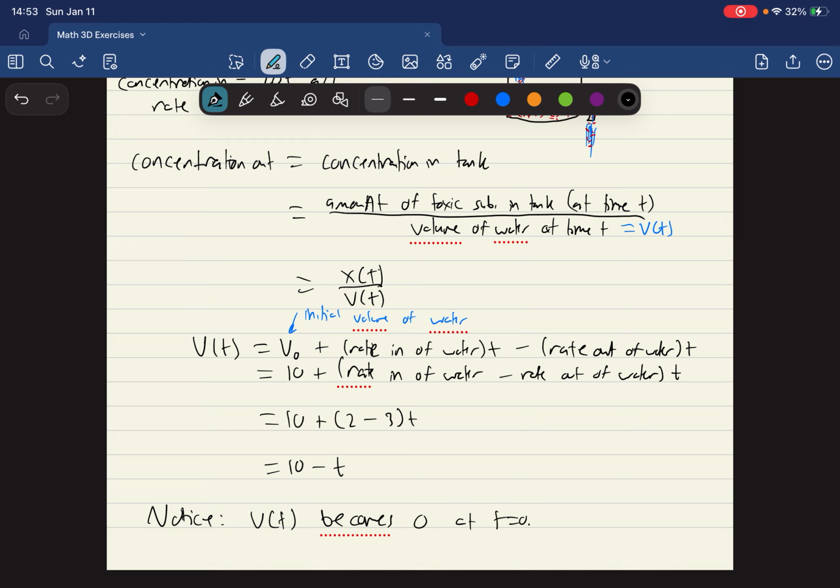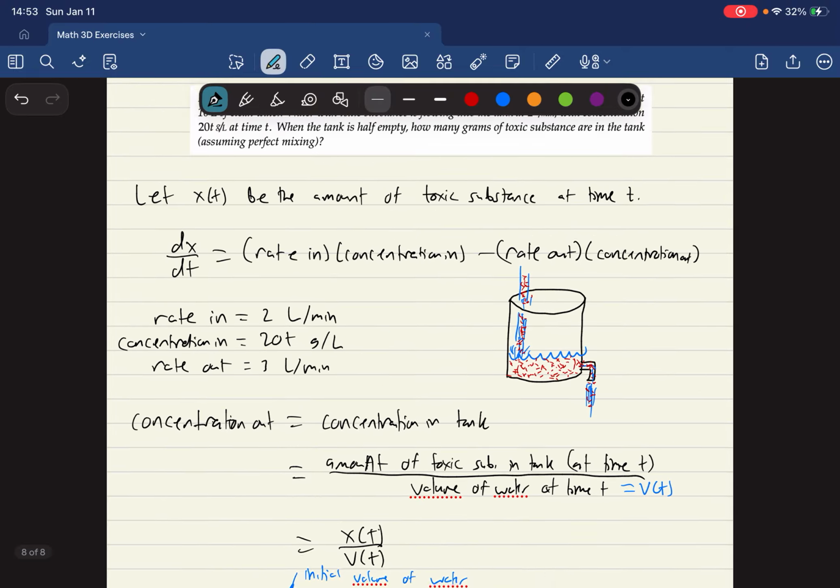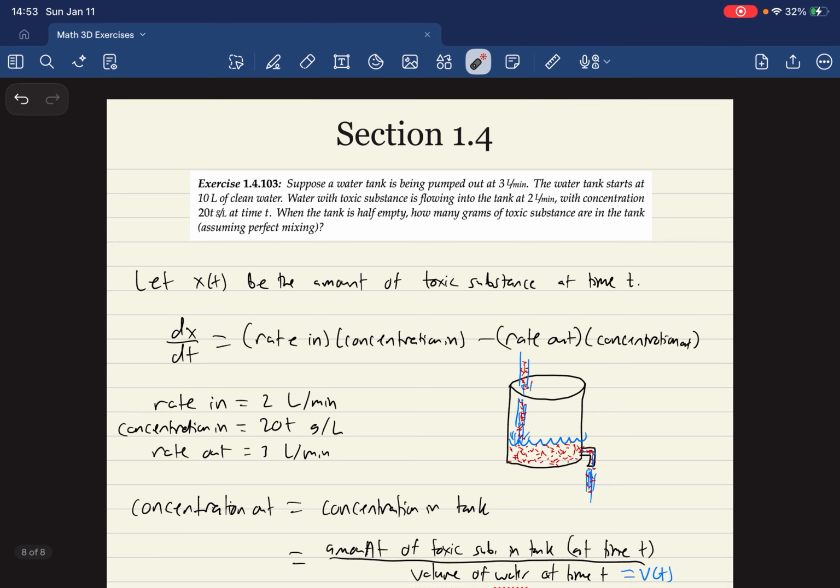So after 10 minutes, there's going to be no water left in the tank, which makes sense because we're pumping out more water than is flowing in, right? But importantly, because we care about when the tank is half empty, we're considering times before. So when the tank is half empty, that occurs before it is fully empty.